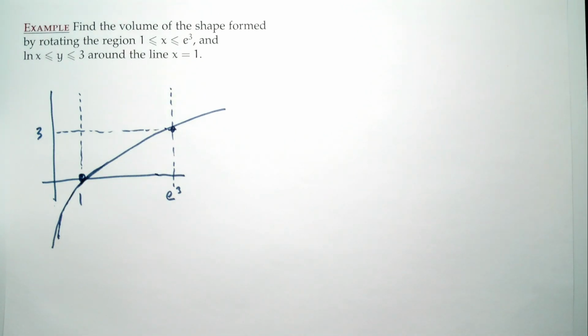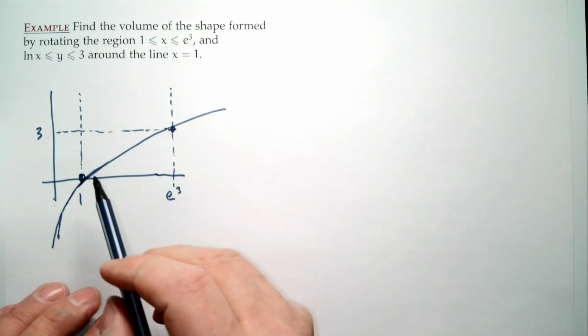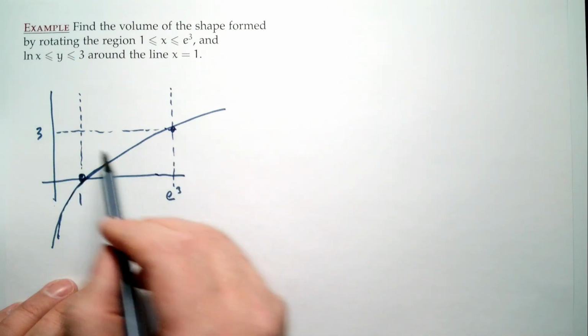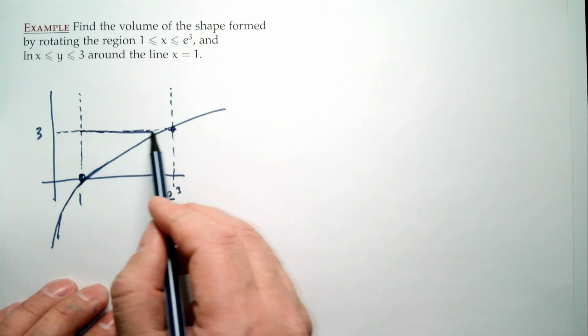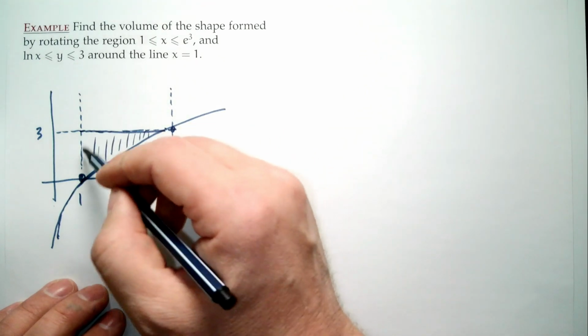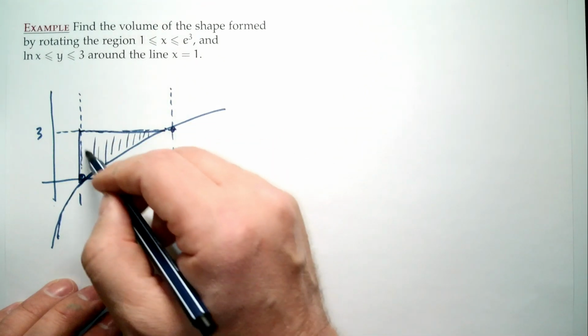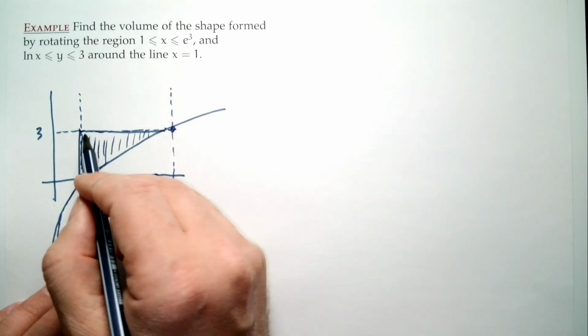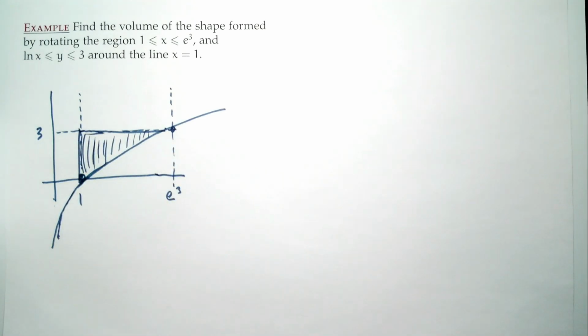All right, and let's see, what do we know? We know y goes from the log of x up to 3. Okay, so we're coming in between these. And we're going from 1 up to e cubed. So our region is kind of almost a triangle, but it's not a triangle because one of the sides is curved.